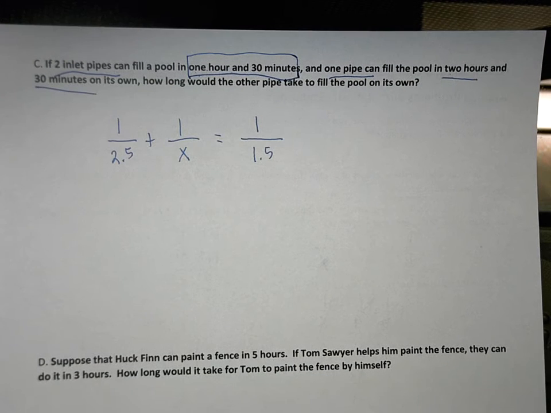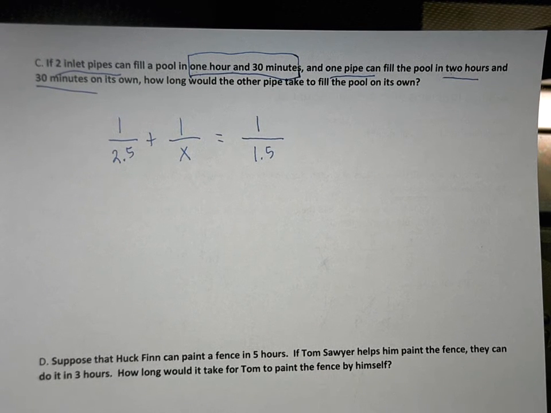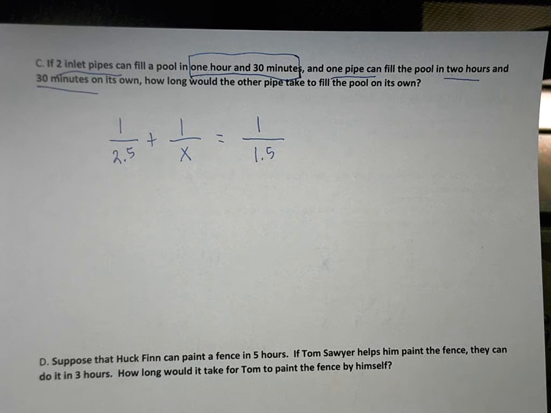Okay, now decimals and fractions don't really go together in the same problem. So how could I end up getting rid of these decimals? Multiplying them. By what? By the denominator. Or by 10. Yeah.